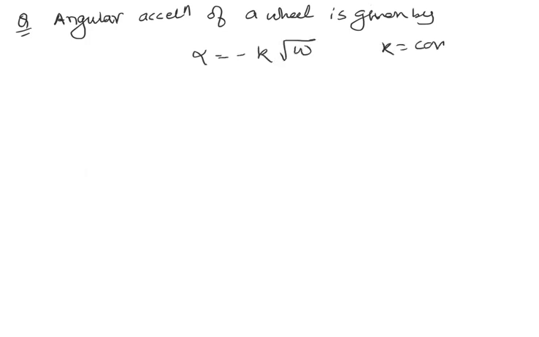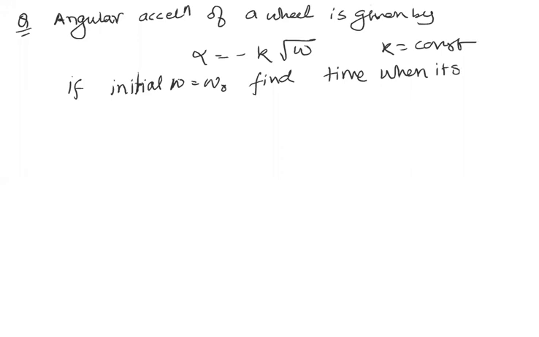K is a constant. If initial angular velocity is omega naught, find the time when it stops and its angular displacement to this point.